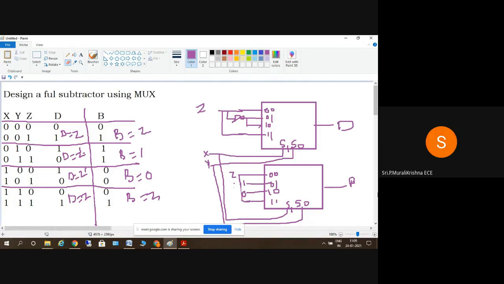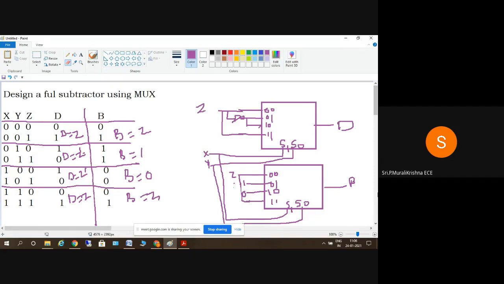We'll see higher implementations also, like how to implement the higher order multiplexers using the low order ones. Okay, so this is the method for implementation of any circuit using multiplexers. First of all, identify the selection lines, and the output should be in terms of the last given variable.